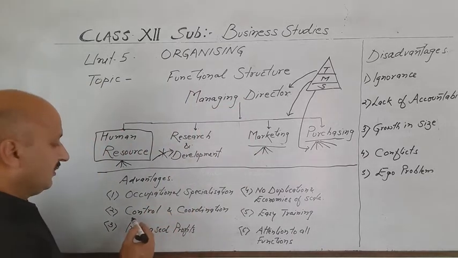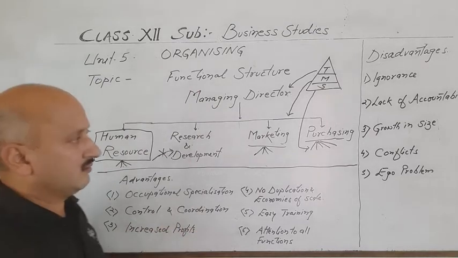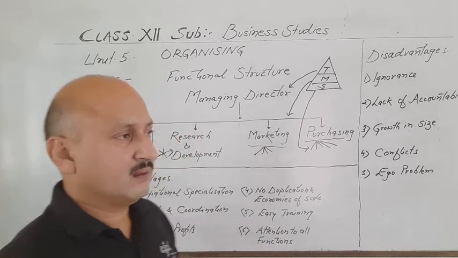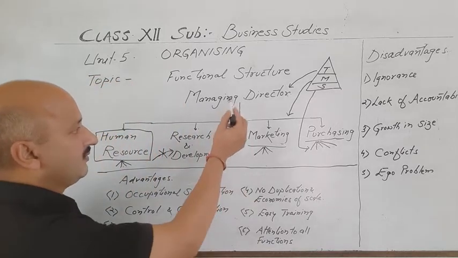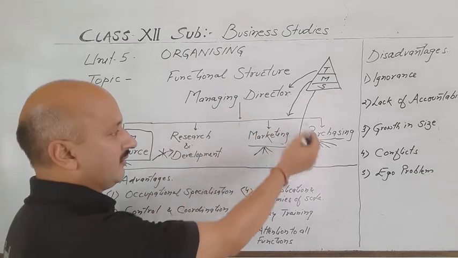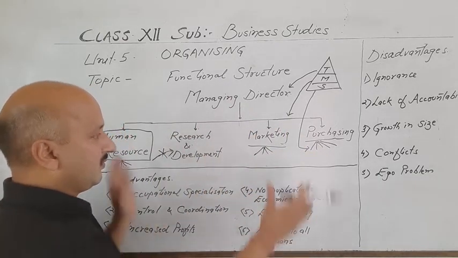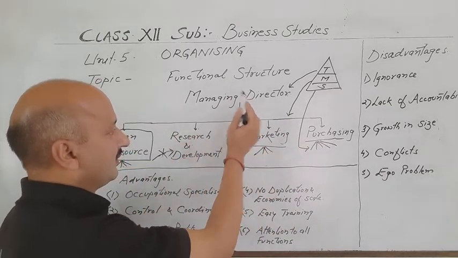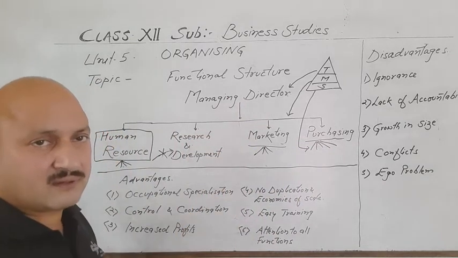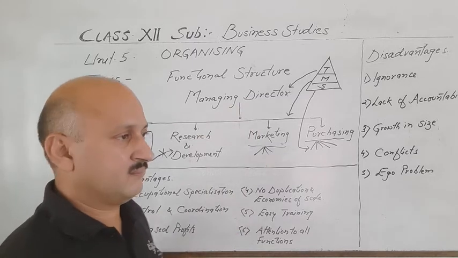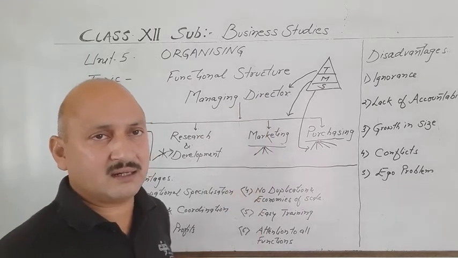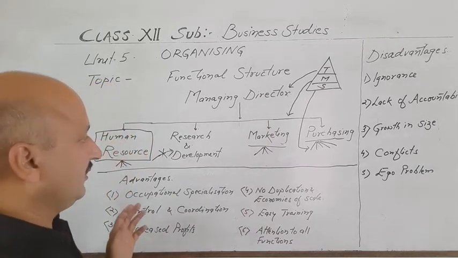Then the next one is control and coordination. You can see in the diagram that there is direct control of the managing director over all the functional heads. They all have to report to the managing director every day for whatever function they are performing, and they will get instructions from the managing director. So it is very easy to handle.